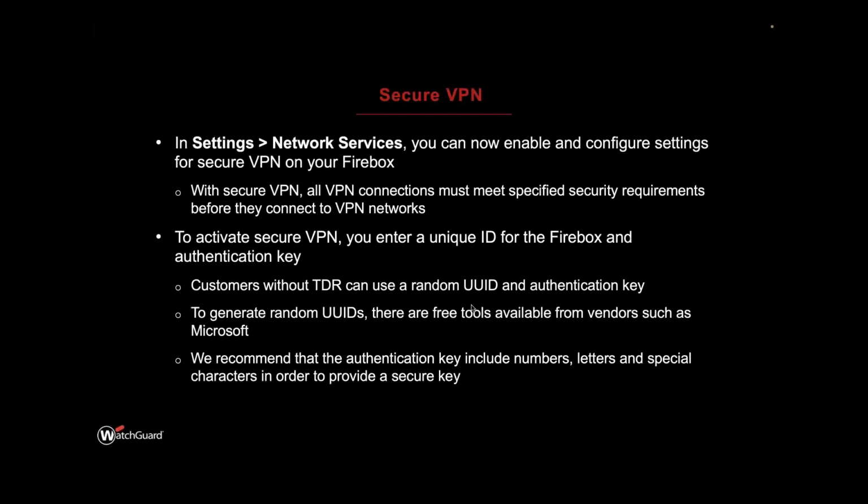Secure VPN, so the host enforcement features. In settings, under network services, you can now enable and configure the setting that corresponds to the host enforcement feature that comes from TDR.